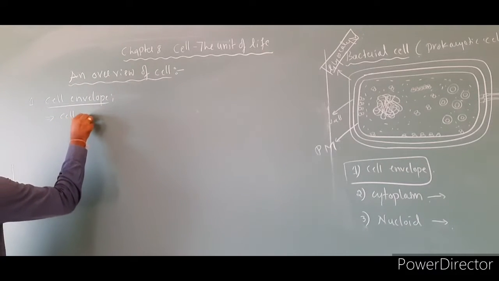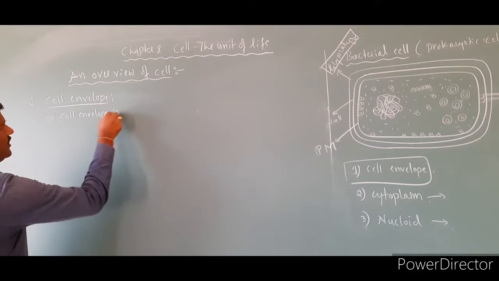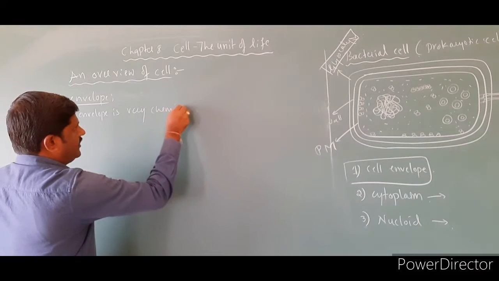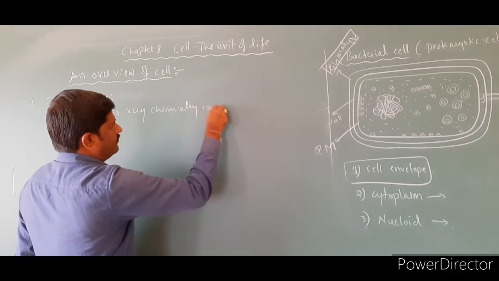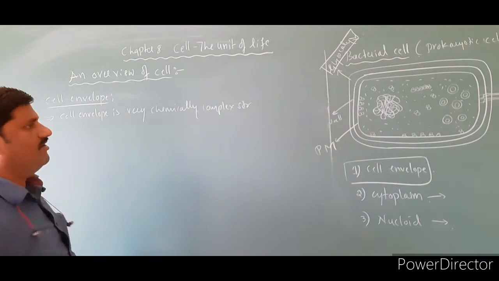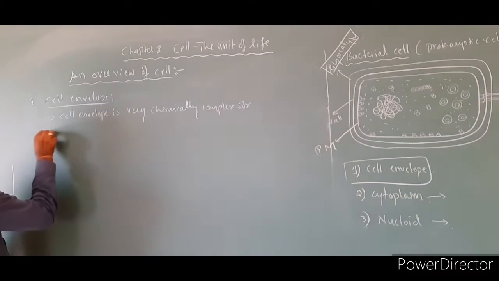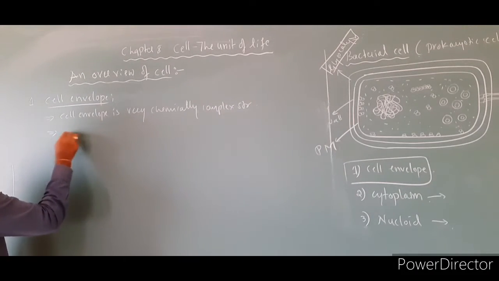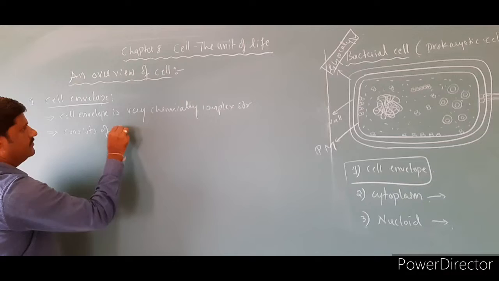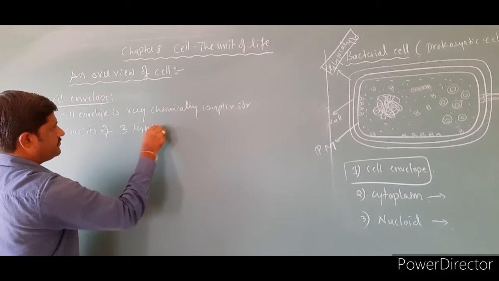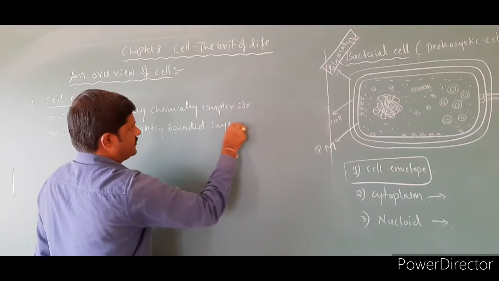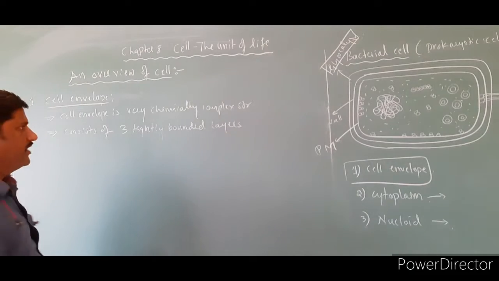The cell envelope is a very chemically complex structure present in the bacterial cell, or the prokaryotic cell, you can consider. And this cell envelope consists of three tightly bound layers.